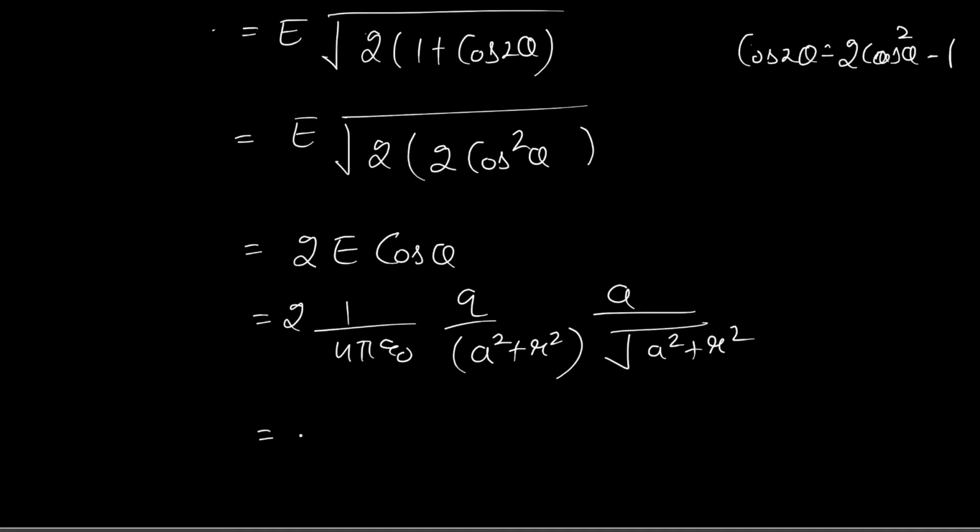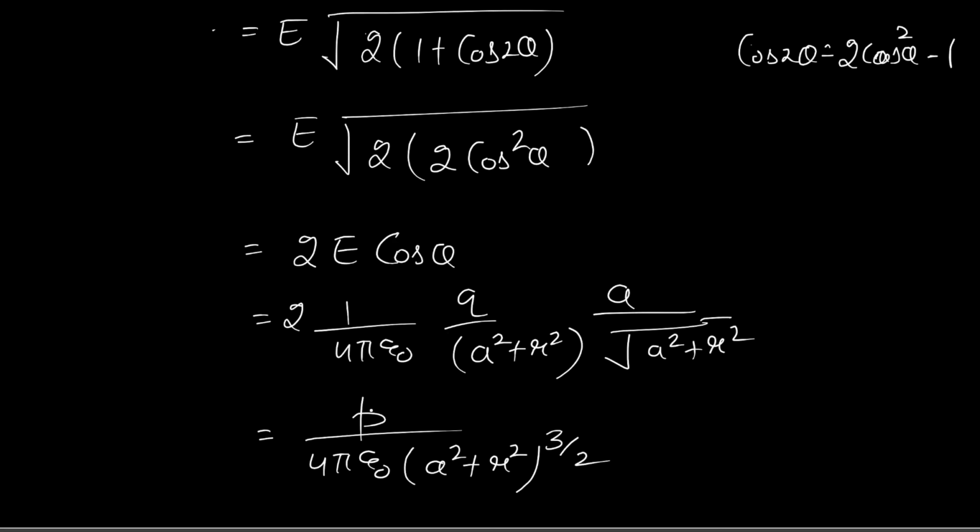Then it comes out to be 2aq, which is p, over 4 pi epsilon naught, times r square plus a square to the power 1 plus 1 by 2, which becomes the power 3 by 2. That's simple.